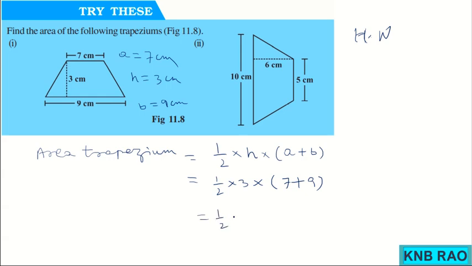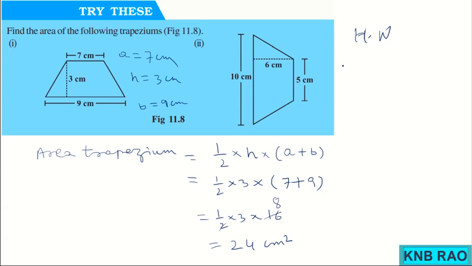So, half into 3 into 7 plus 9 is 16. So, half into 3 into 16. So, 2 cancels this 16 for 8 times. 8 3s are 24 centimeter square is the area of the first figure.